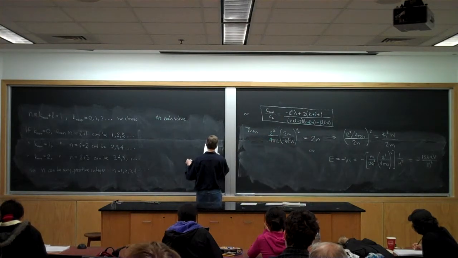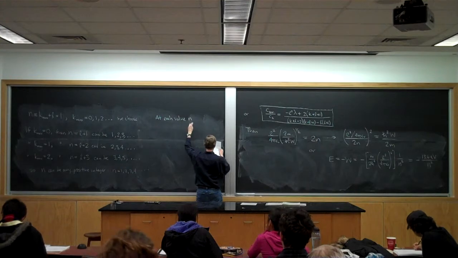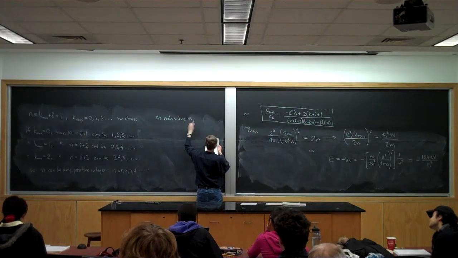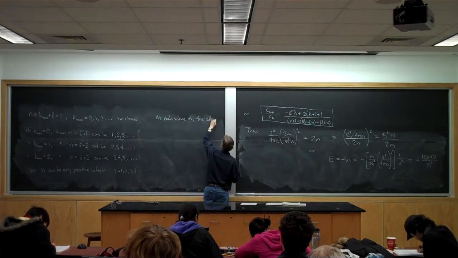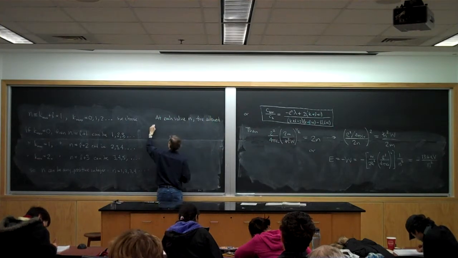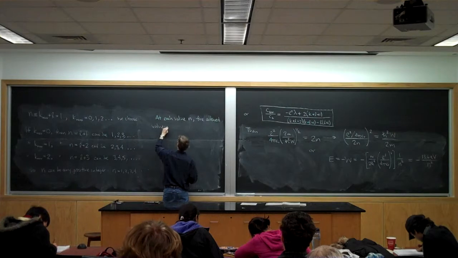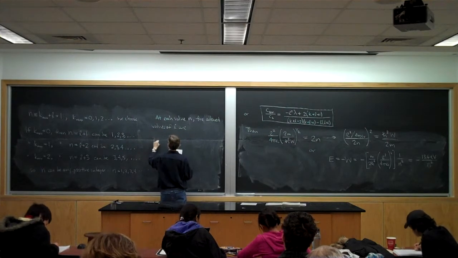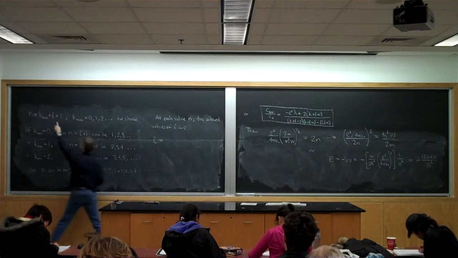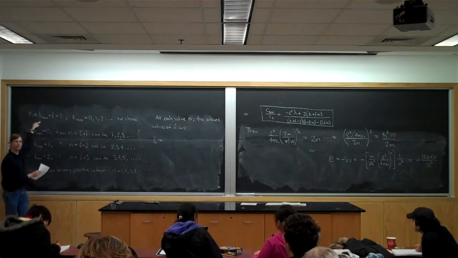At each value of n, the allowed values of L are, well, if we turn this around, L is n minus k max minus 1.